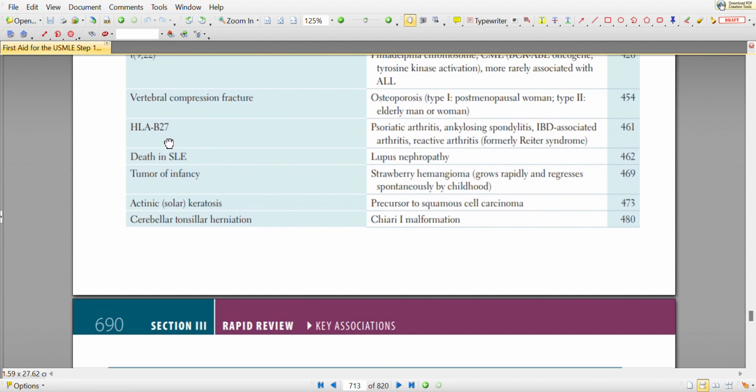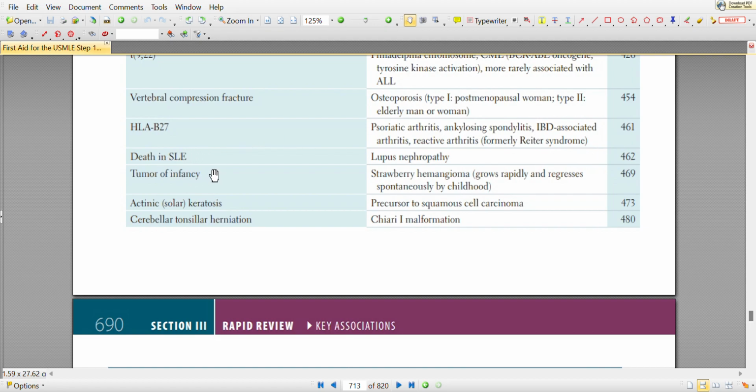HLA-B27, human leukocyte antigen B27, is commonly associated with psoriatic arthritis, ankylosing spondylitis, IBD (inflammatory bowel disease) associated arthritis, and reactive arthritis, formerly Reiter syndrome.